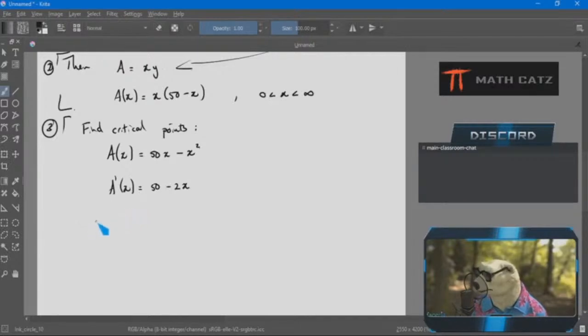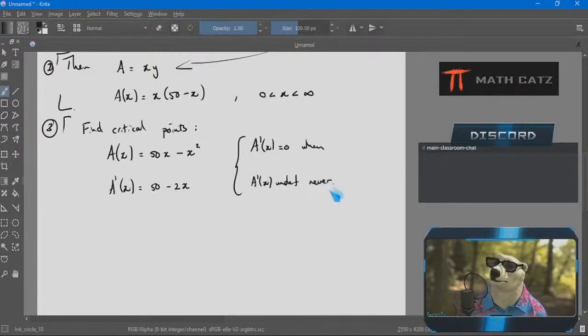So I do my check for critical points. Let's do it over here. I check where the derivative is 0. Now I do check where the derivative is undefined, but that's not going to be the case here, for a polynomial. But I do have to remember that both of them could give me some x values.